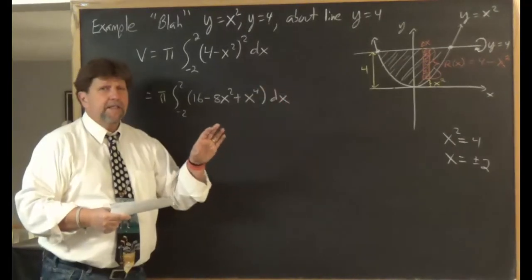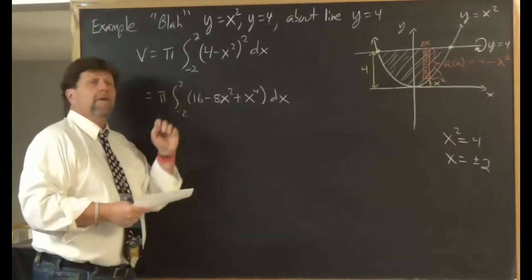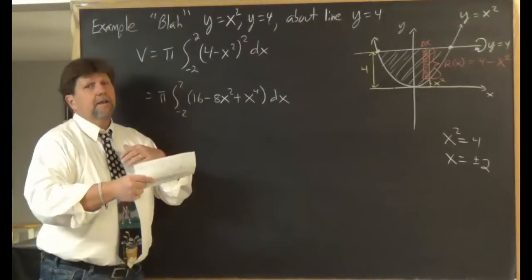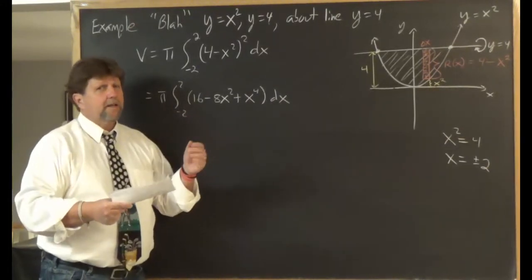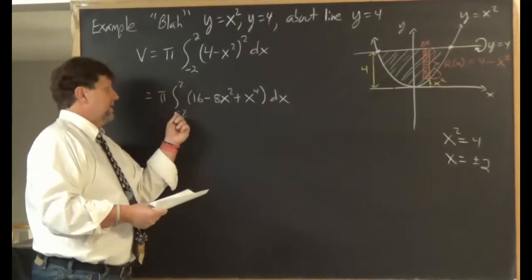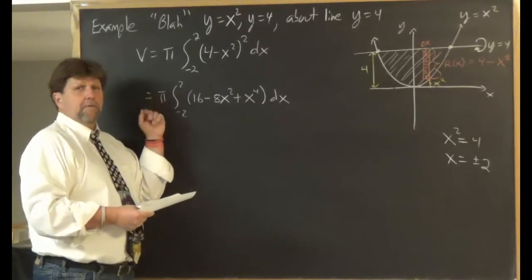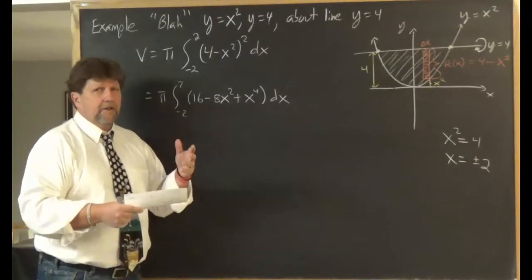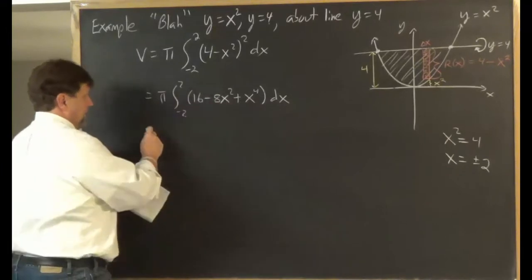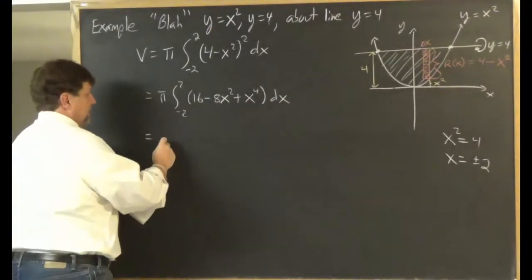That region is symmetric about the y-axis. So I could change this to integrating from 0 to 2 and then multiply by 2, put a 2 out front. I'm not going to. I only mention it because if you wanted to, you're going to get the same result.